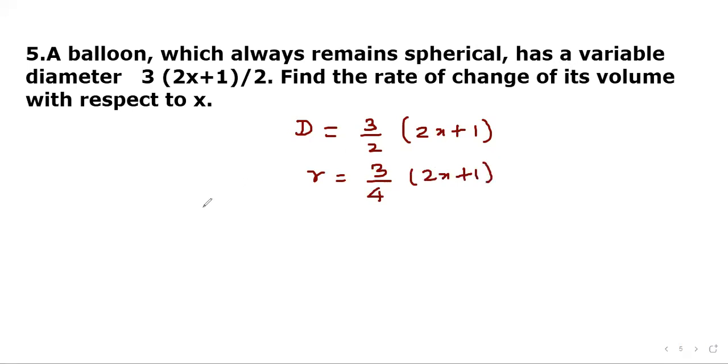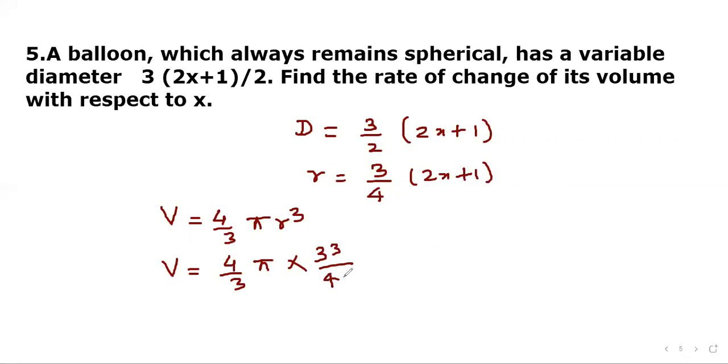Now, volume V equal to 4 by 3 pi r cube. We can put the value of r. So V equal to 4 by 3 pi times 3 cube divided by 4 cube times (2x plus 1) whole cube.